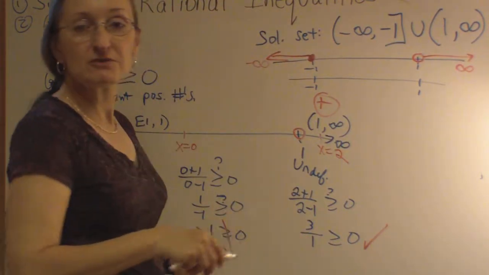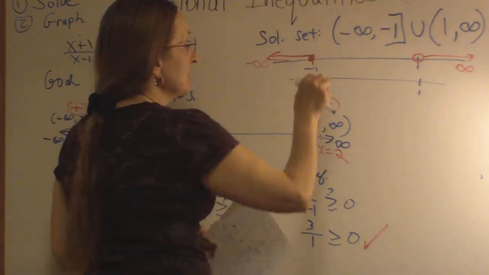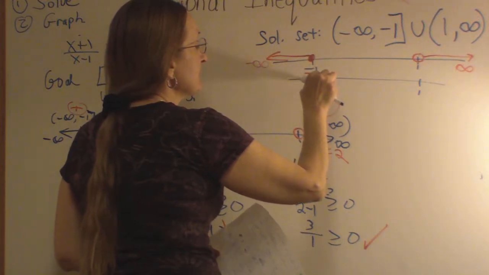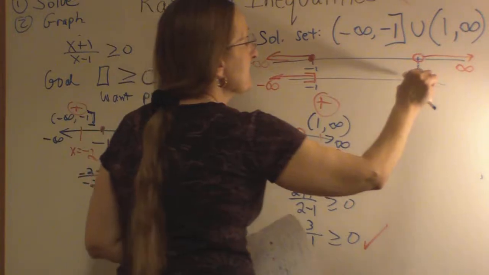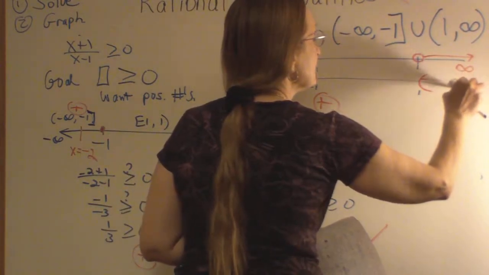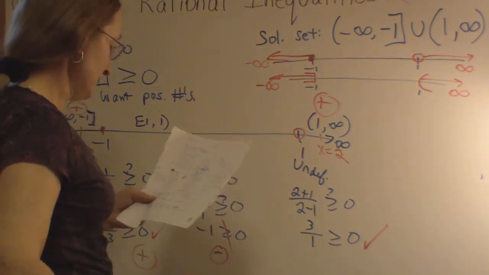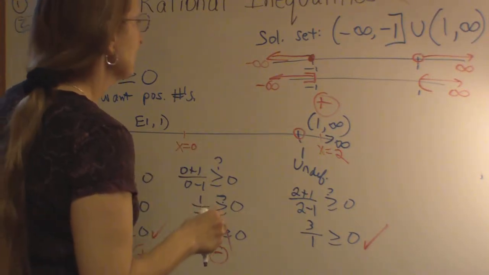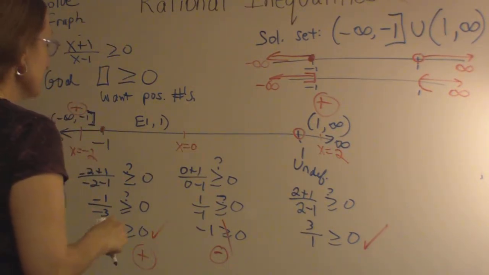Some people are more familiar with holes and dots, others with brackets. Bracket notation would be a square bracket at minus 1 going to the left to minus infinity, and an open parenthesis at positive 1 going to positive infinity. And so those would be the two ways you can graph the solution to this rational inequality.